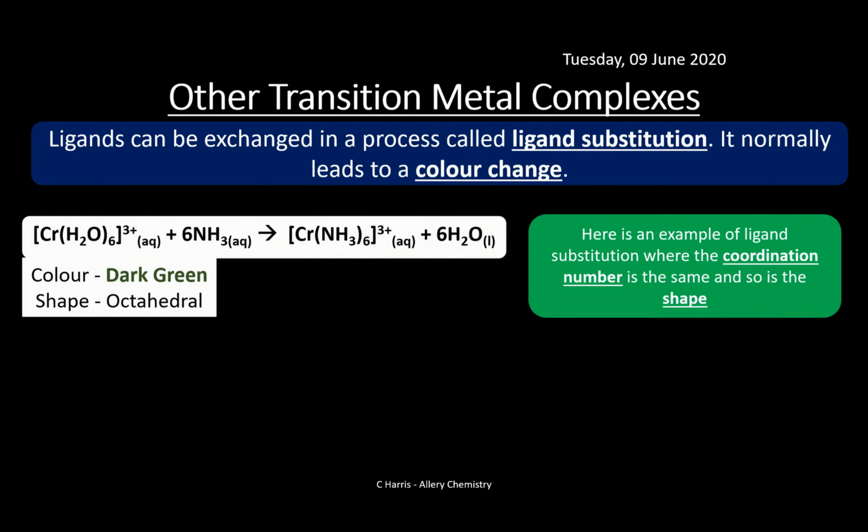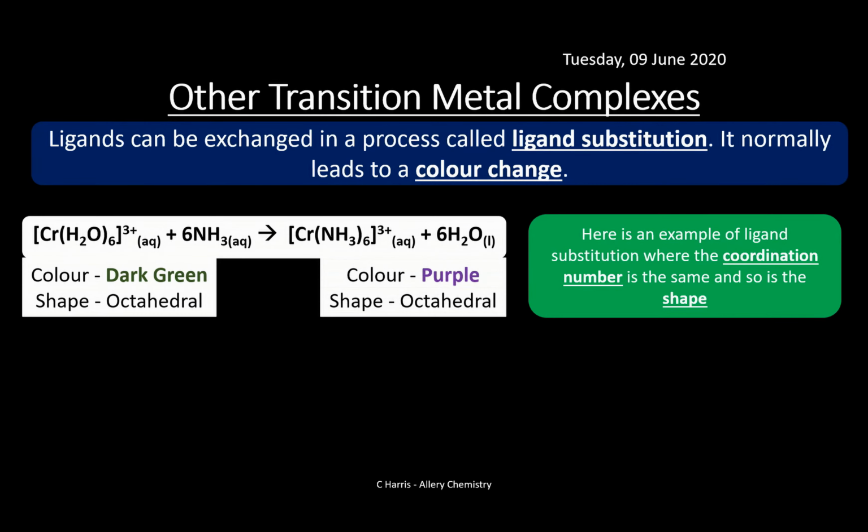Looking at the colours here, it's dark green on the left, but the shape is octahedral. Now it's still octahedral on this side, but the colour changes to purple, and this is because we have a different ligand attached to it, and therefore the delta E, that gap between the d orbitals that have been split, changes, and that's why we get a different colour, because the ligand has an impact on that.